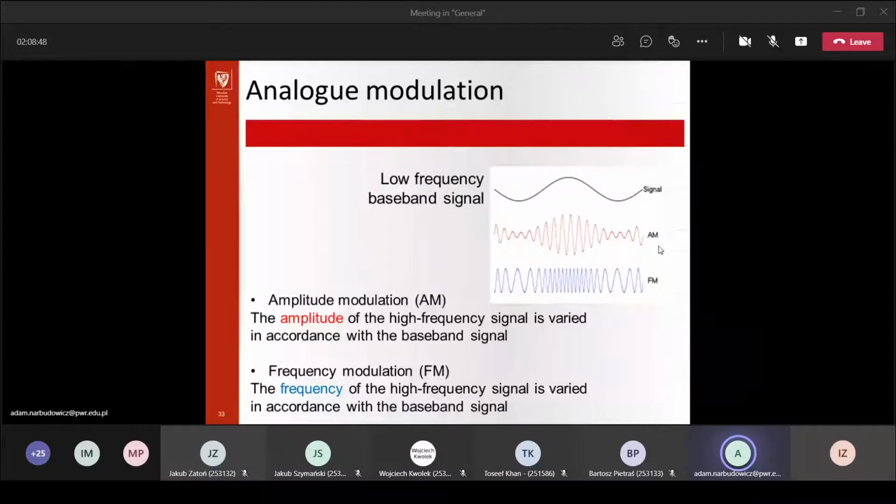So, any ideas? Thinking firstly in terms of simplicity of transmitter and receiver, and if you had some noise on your signal, what would be your choices with regard to those two parameters?